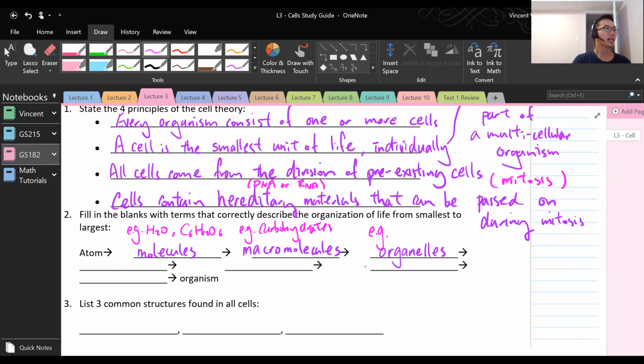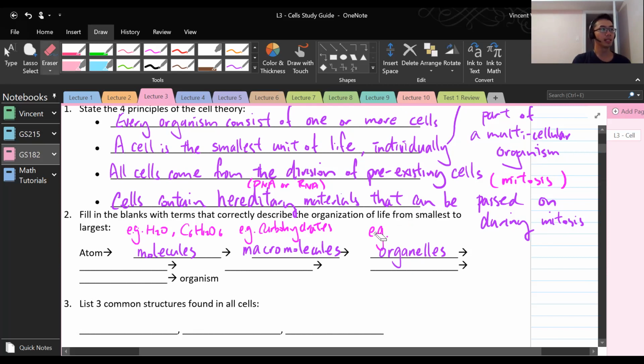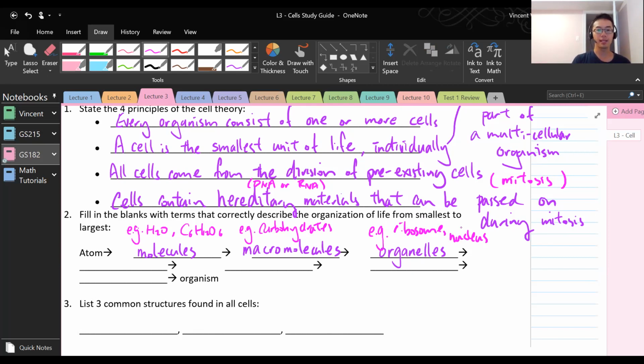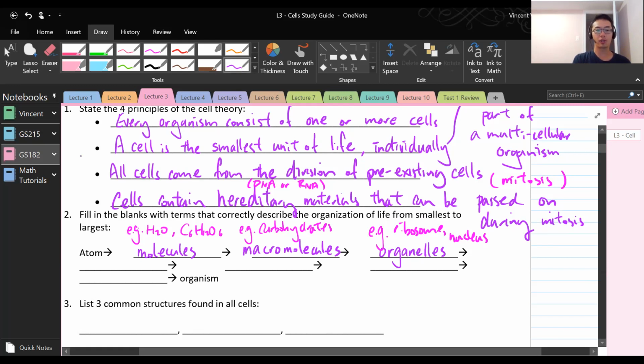That's excellent. Jyoti, forgive me if I'm pronouncing that wrong. Ribosome, that's another one. Okay, so I'm gonna put ribosome, right? Nucleus, and a bunch of other ones that we've learned in the lecture. Mitochondria, all that stuff. Okay, so these organelles are like mini organs that are functioning within the cell.